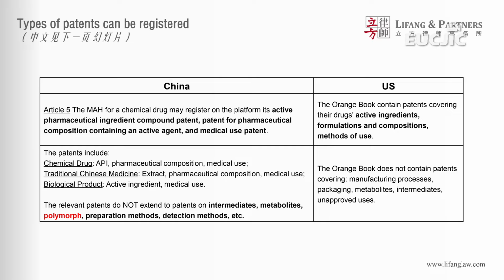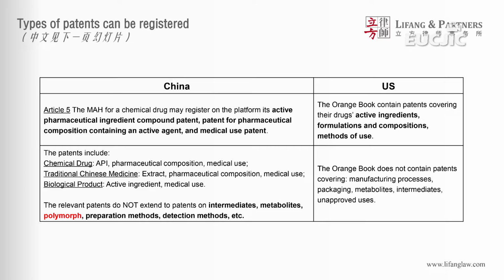Okay, so this slide just highlights what type of patents you can list in the Chinese registration information platform. Compared with the US, pretty much the same. You can list the drug patent that covers the active ingredients, that covers formulation or composition, and also the method of use. However, for these active ingredient patents, remember the polymorph patent cannot be listed in China.